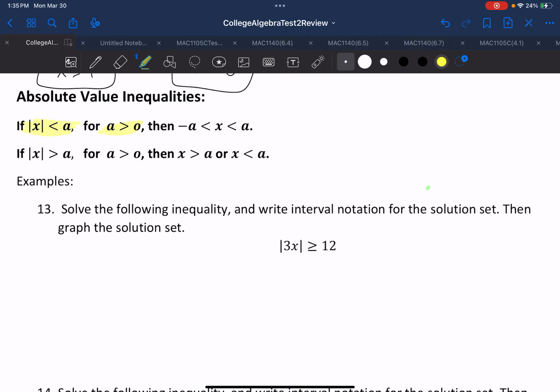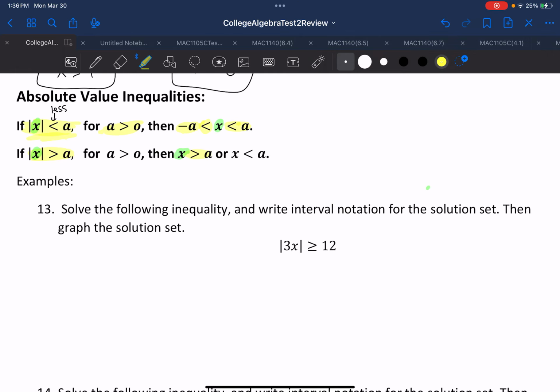When it's less than, I told you to take the expression inside the absolute value there and put it between the positive a. So you write x is less than a, just like it said over here, and then same sign, and then negative a on the left. And if it is greater than a, then we take that x and set it greater than a, just like it says.